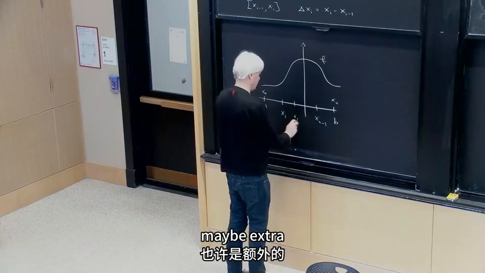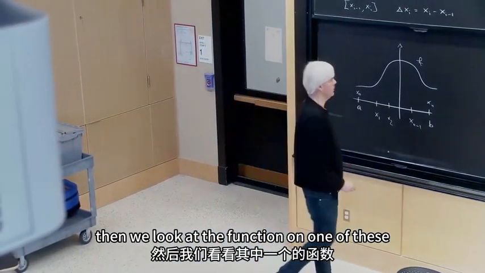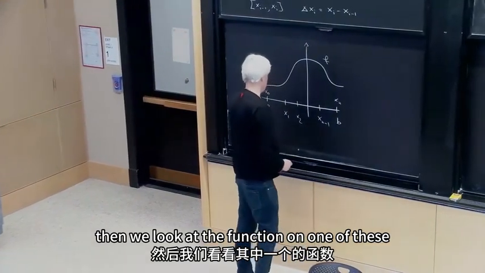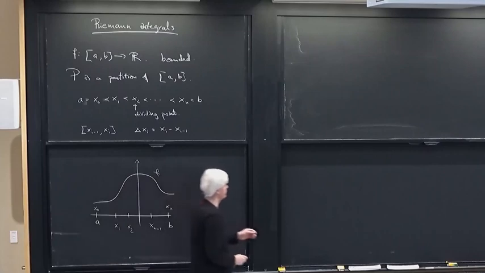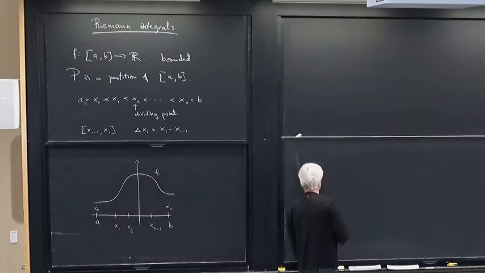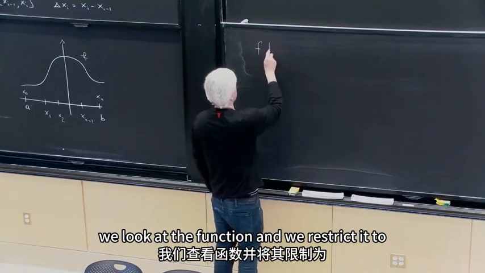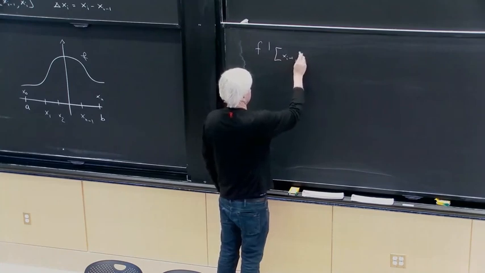And this is maybe x2. Then we look at the function on one of these subintervals, so we restrict it to one of these subintervals.